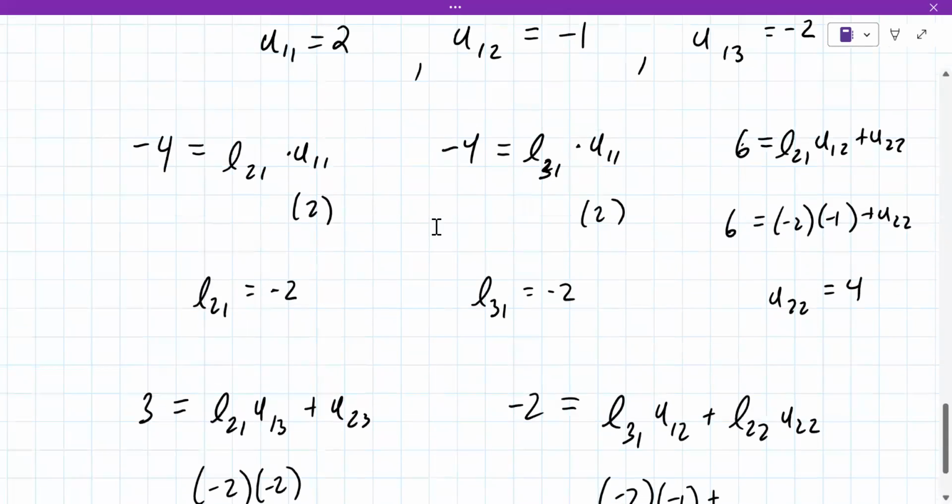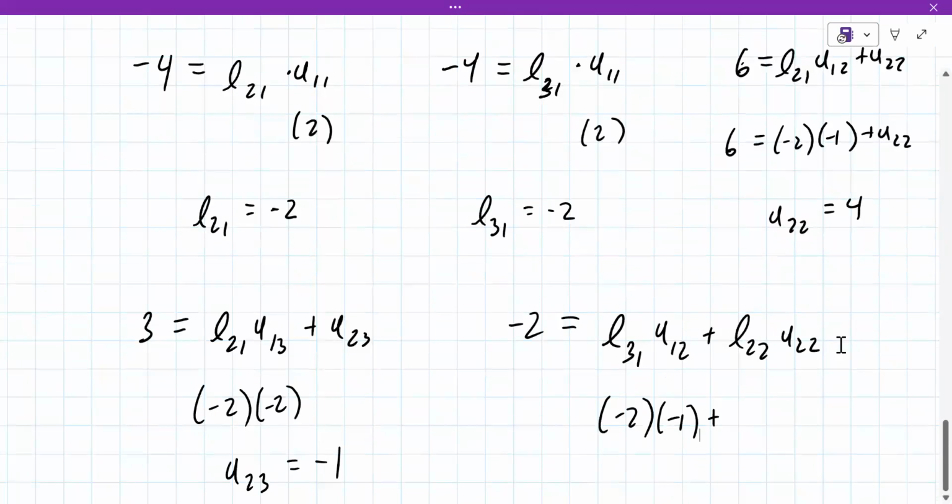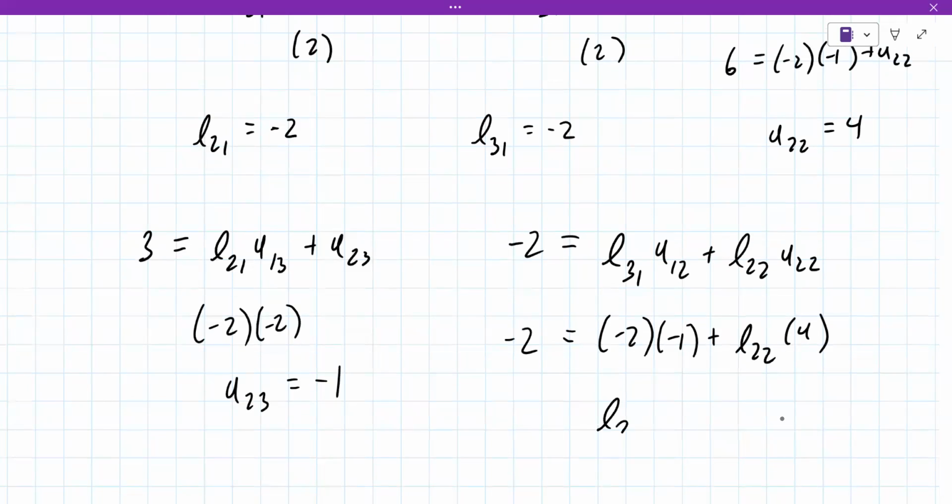L22 we don't have, but U22 we do have. That's 4. It's a little more sophisticated to solve. This is 2, you subtract 2, that's -4 equals L22 times 4. So L22 equals -1.